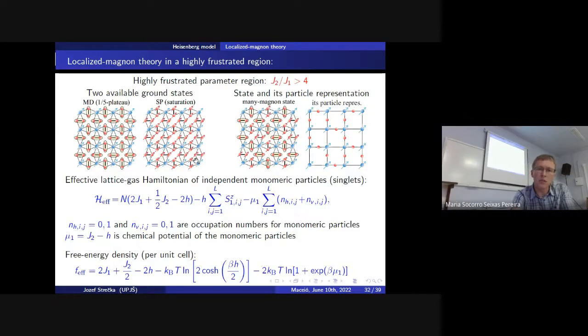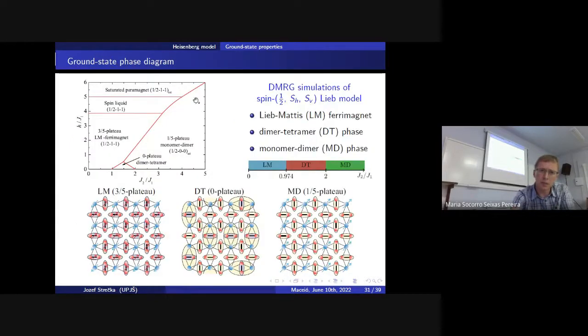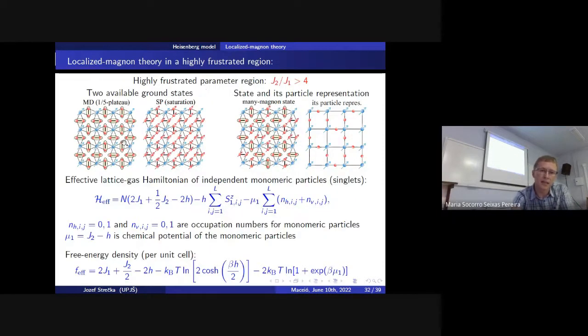If I consider the parameter space greater than 4, I am in the space where I have just the monomer-dimer state and the saturated paramagnetic state. Then I can realize that these monomeric sites, the blue ones, are always polarized, and the decorating dimers are either singlets or polarized triplet states.